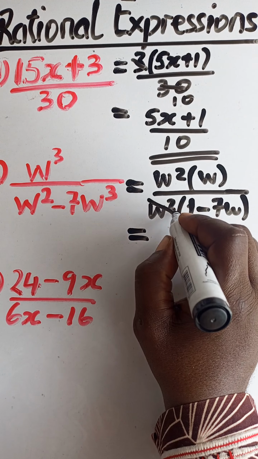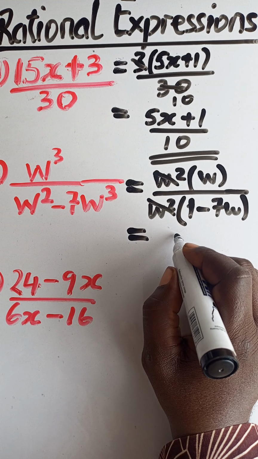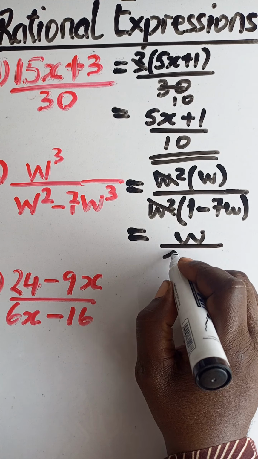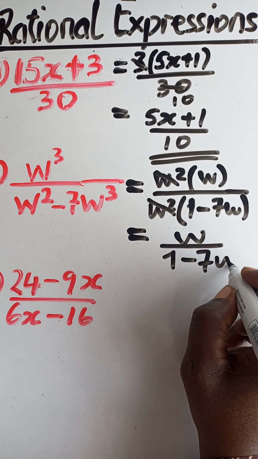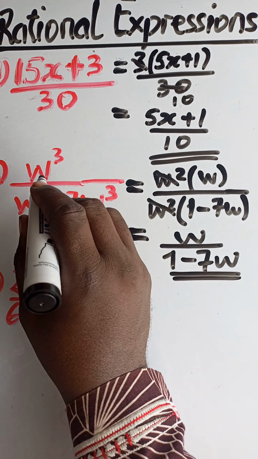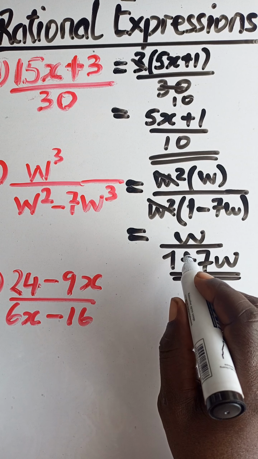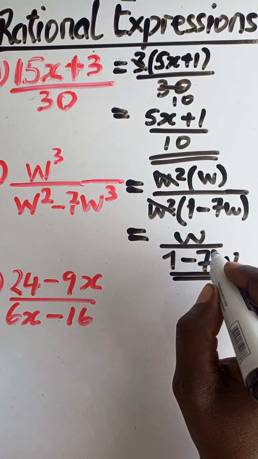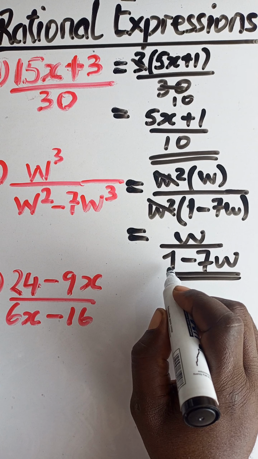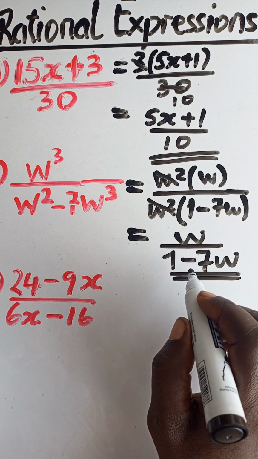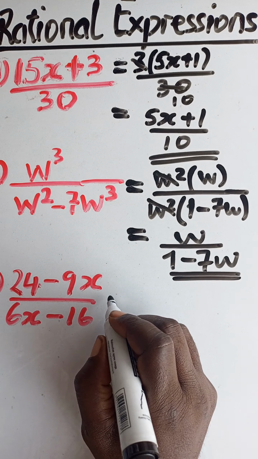So that clearly we see w squared cancels to finally give us w all over 1 minus 7w as the simplest form of this. Again, remember, don't make the error of getting to this level and saying we further cancel w, cancel w. What about this? It is not possible. This is the simplest form of that expression.